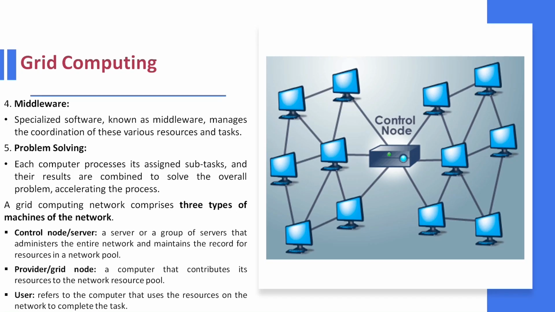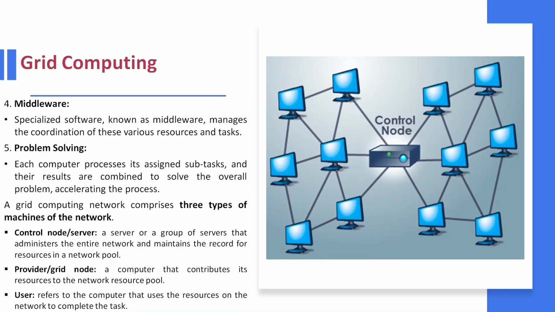Then problem solving. The small tasks are solved by different pooled devices, and ultimately you combine the results and generate the final result. This way you can solve the problem. Now, a grid computing network comprises three types of machines.